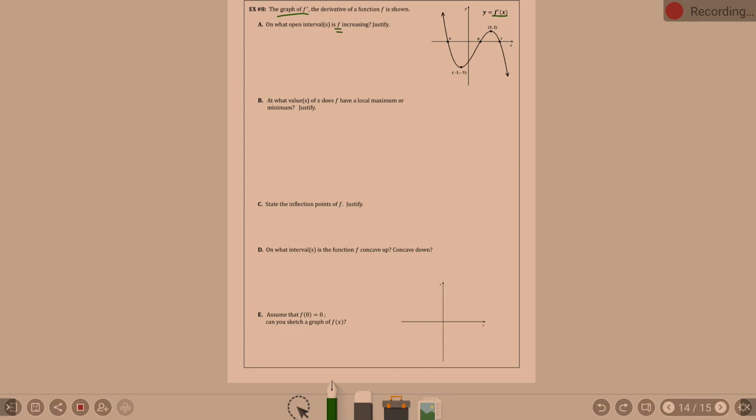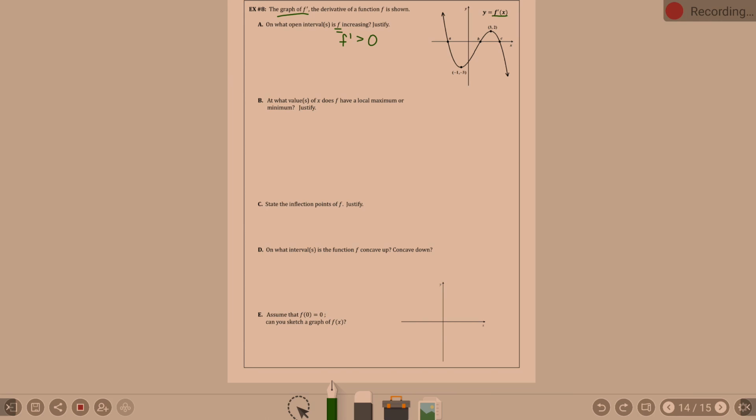So you're not looking for where my graph is increasing here, right? We're not looking for the fact that this graph is increasing from -1 to 3. That's the derivative. That's not what I want to know right here. We're asking when is f increasing? When is the first derivative greater than 0, aka positive? So when is it positive?